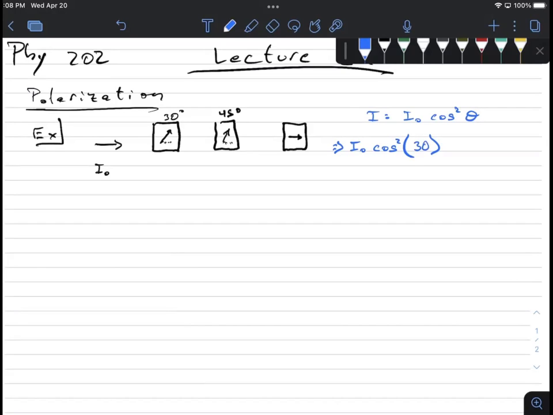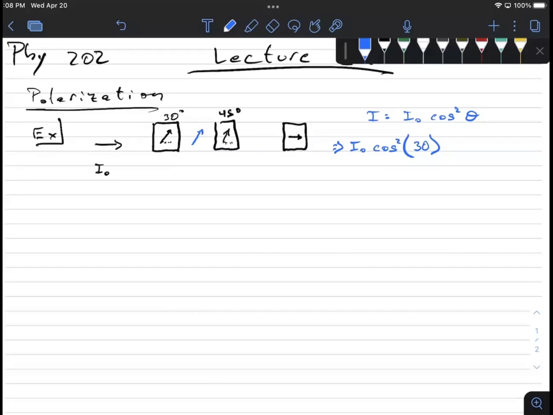What that means is whatever made it through is now defined to be polarized at 30 degrees. Because basically what the polarizing filter does is it only lets light through if it's at the right angle. Thus, if the light made it through, it must be at 30 degrees. And so there it is. Light is now past the first guy. He's now at 30 degrees. And now we have to get through the next polarizer.